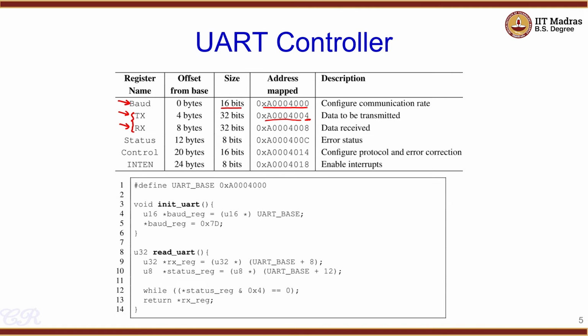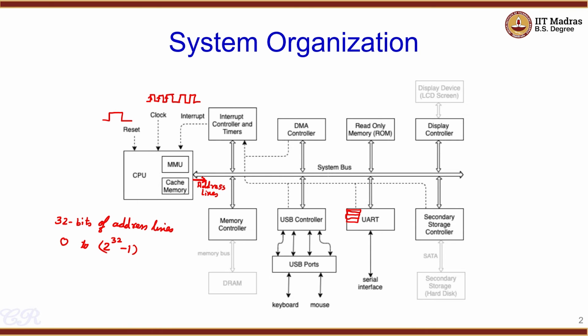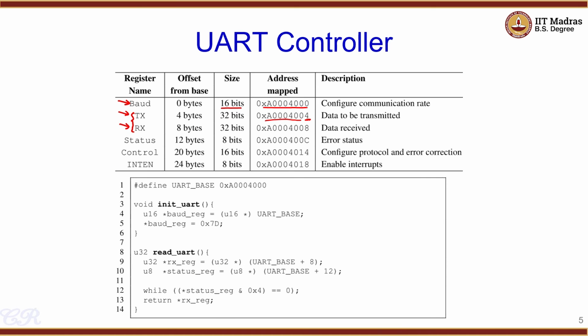So, how is this TX register actually used? Whenever the CPU wants to transmit some data through the UART, through the serial interface, that data is written in the TX register, right.